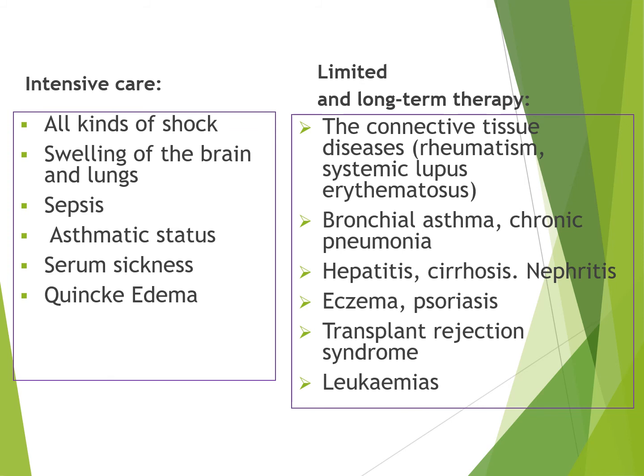Their value is doubtful. Also we use it in anaphylactic shock. It is used in swelling of the brain and lungs, sepsis, asthmatic status, serum sickness, and Quincke's edema or angioneurotic edema, another name of this.